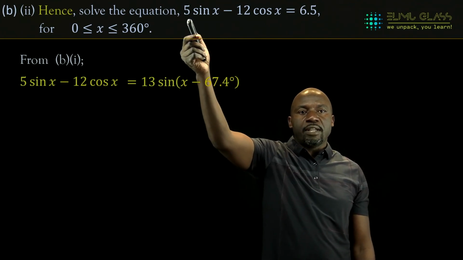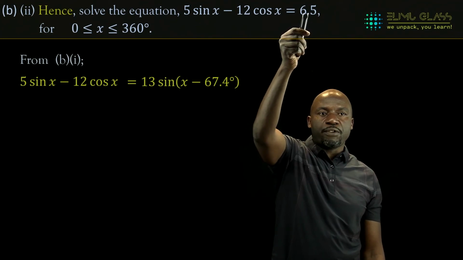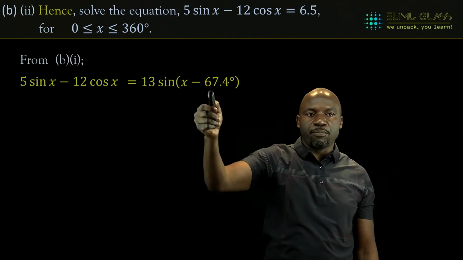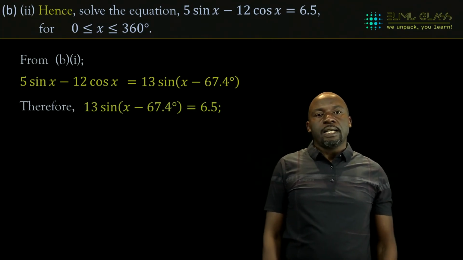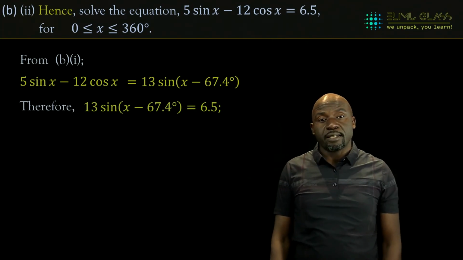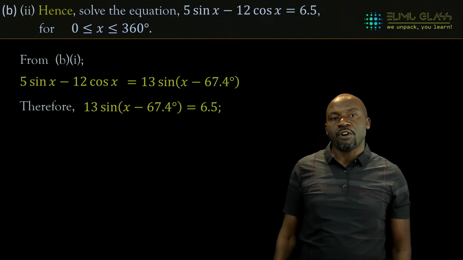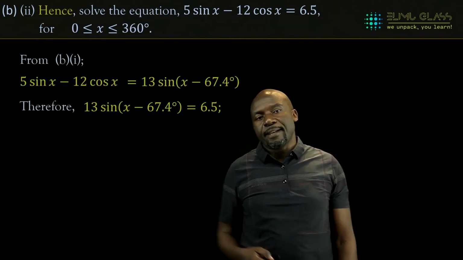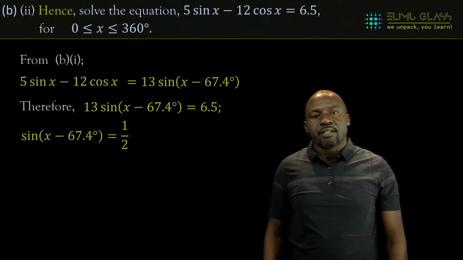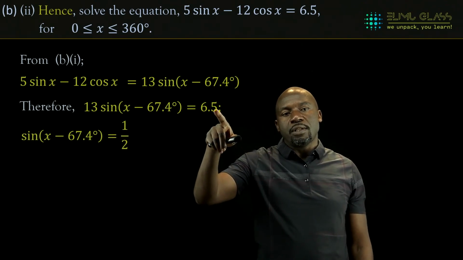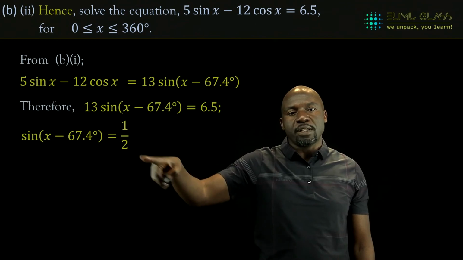We are solving this expression equal to 6.5, so we have 13 sine of (x minus 67.4) must be 6.5. Divide both sides by 13, and we get that sine of (x minus 67.4) is a half, since 6.5 over 13 is basically a half.